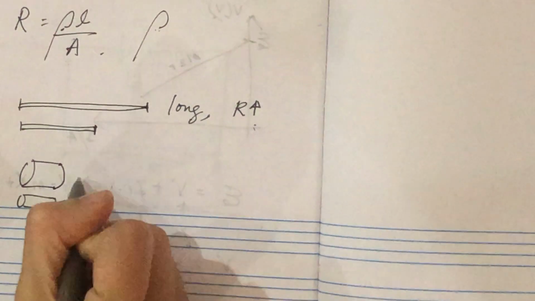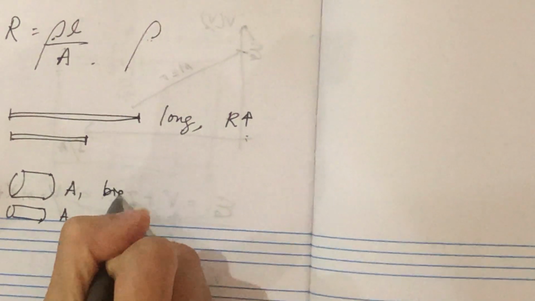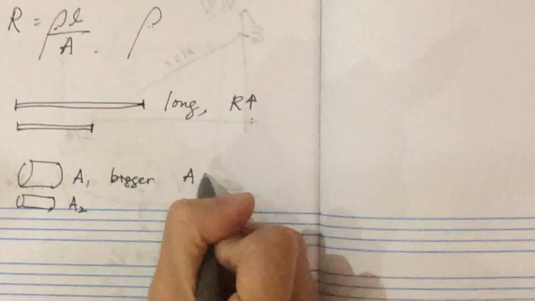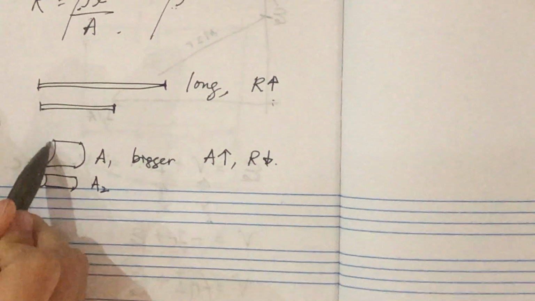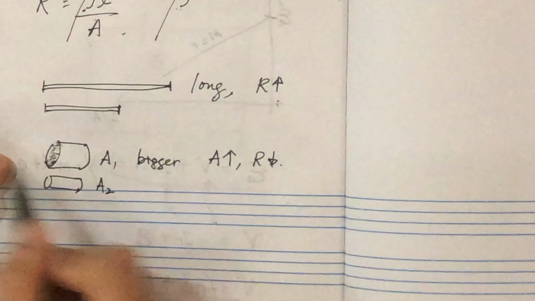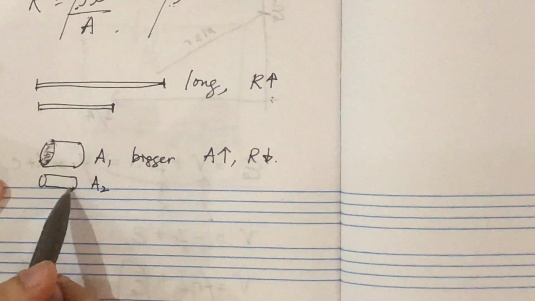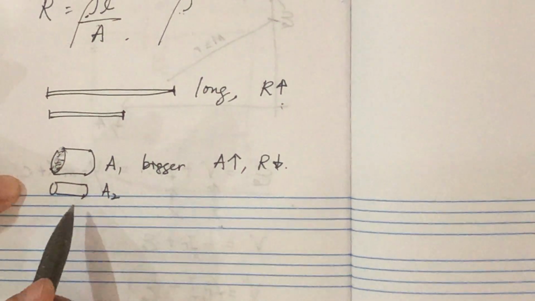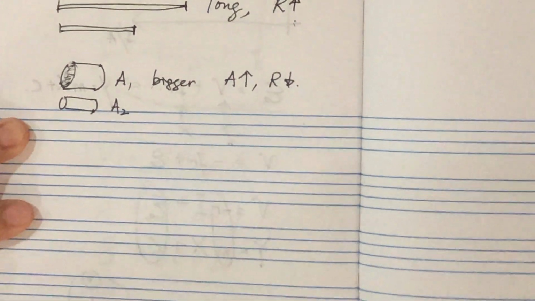So you see the cross-sectional areas A1 and A2. A1 is bigger, right? A larger cross-sectional area. So when A is greater, resistance will drop. You see that the space given is greater, so it is easier for the electrons to move around compared to the one that is very fine. Normally we know that a fine wire can get heated up easily. When the temperature is very high, the resistance is very high as well.